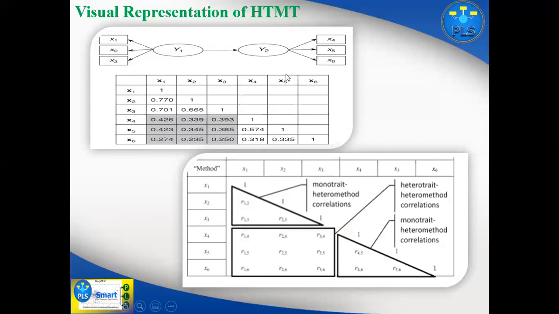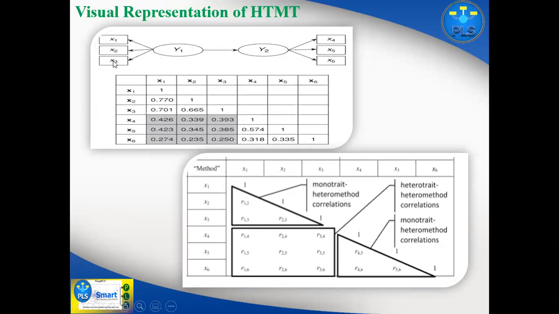Consider X1, X2, X3, Y1, Y2, X4, X5 as your model. If you look at what is inside the table and compare it with what is inside the figure, the items for Y1 are X1, X2, X3.